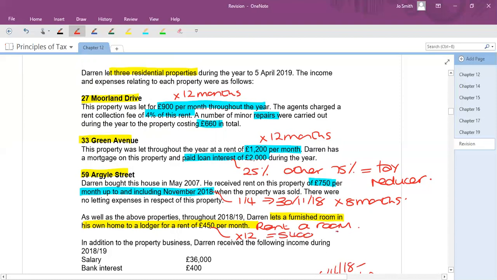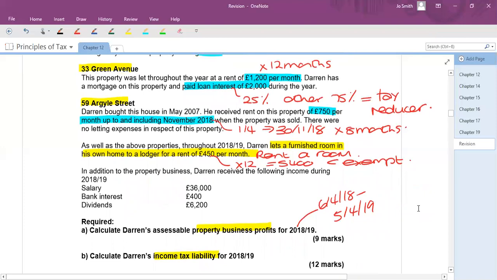And that means that it's less than the threshold, so therefore it is exempt. So remember, with rent-a-room, you've got that test where you can either tax the excess above the threshold, or you can just claim it as a normal property with expenses. But if his income's below the threshold, then we might as well just say it's all exempt, and it keeps it nice and simple. Now that's all the information that we need for part A of the question.